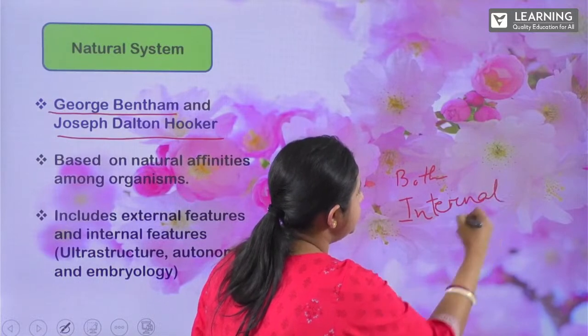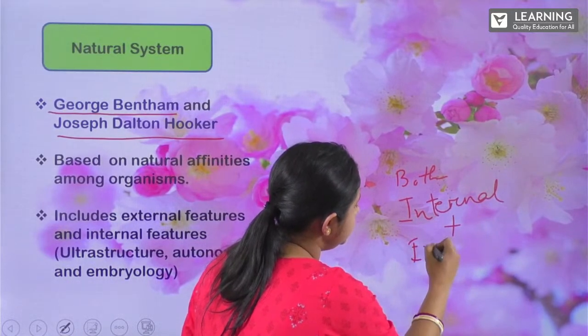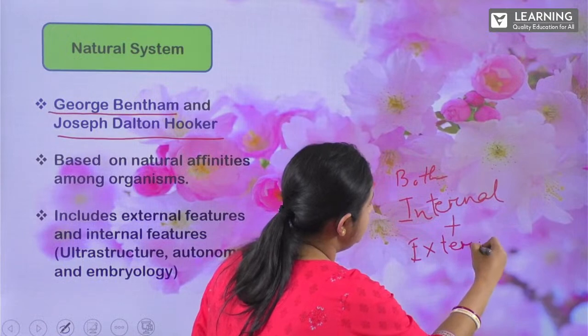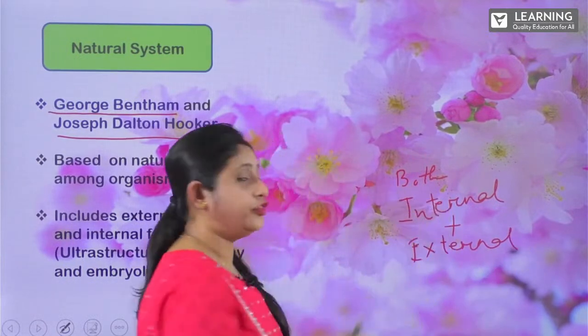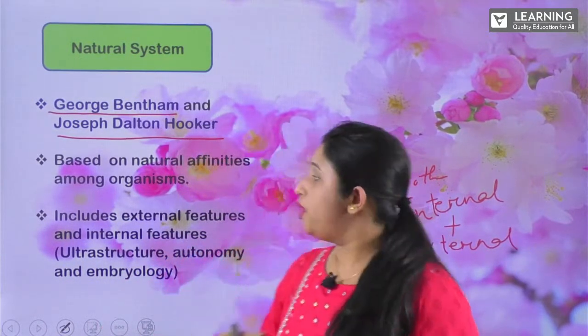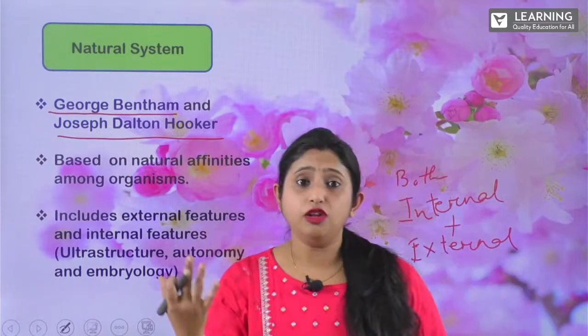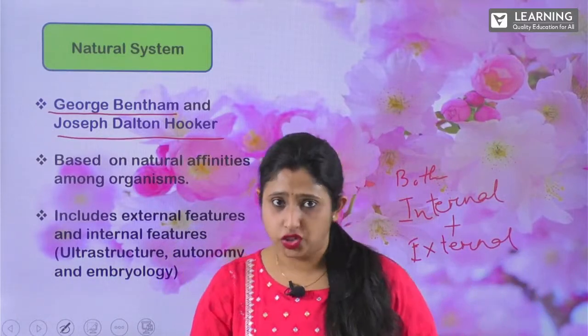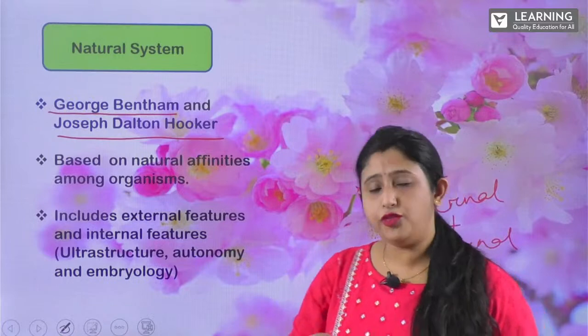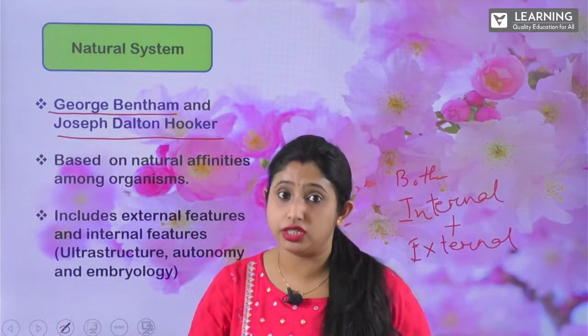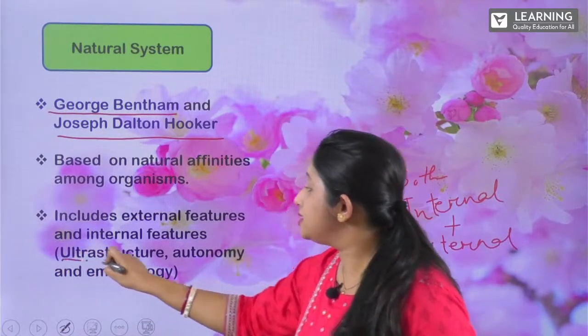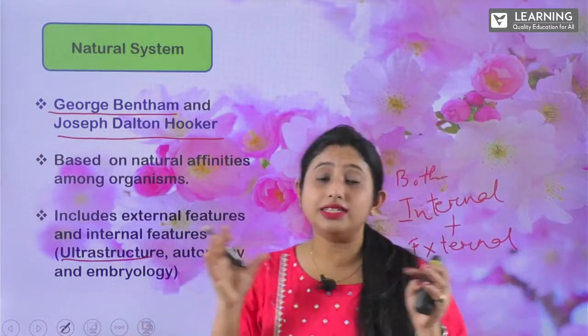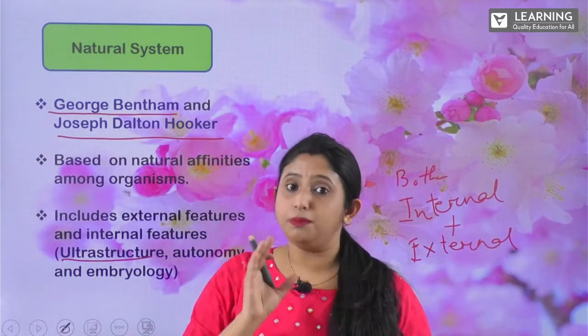So both internal plus external features they have noticed in this type of classification. When you look into the external features, that means the morphology, right? When you look into the internal features, what will they be? That will be the ultrastructure. What is the structure of that particular plant?